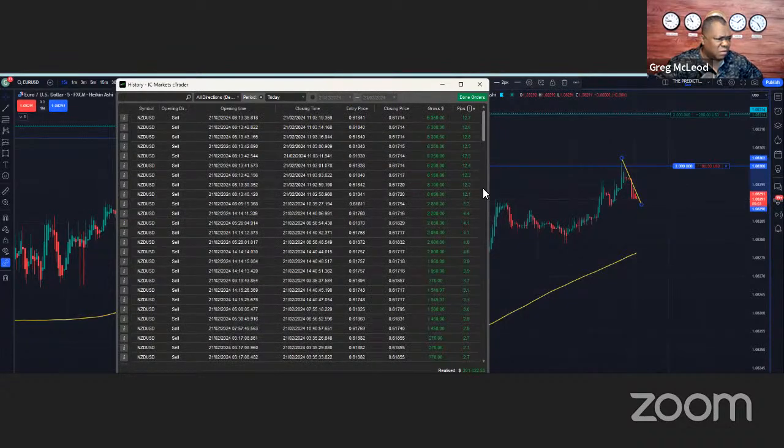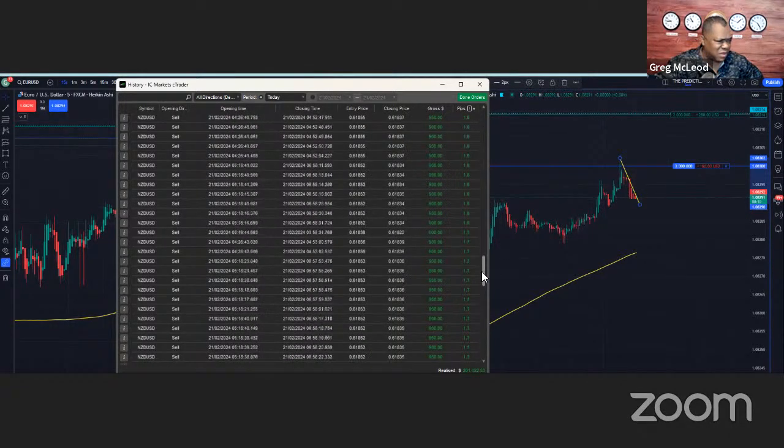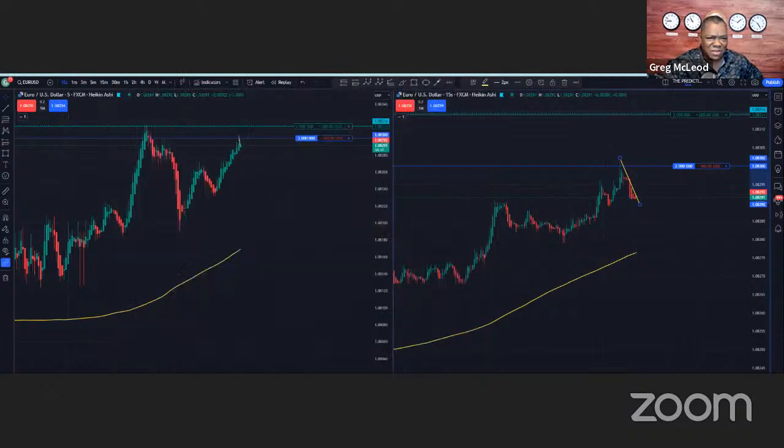Okay. It was just the gift that just kept giving and giving. And that was our little rough spot right there, right? So that was a 94 percent win rate with 308 pips or something like that.